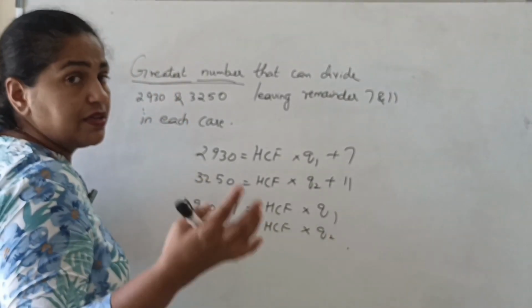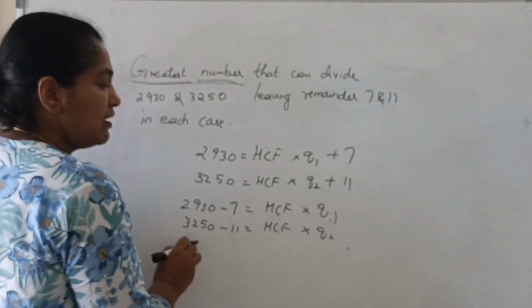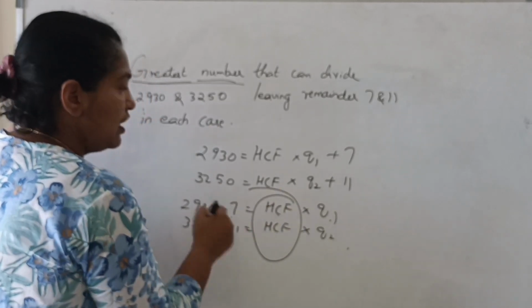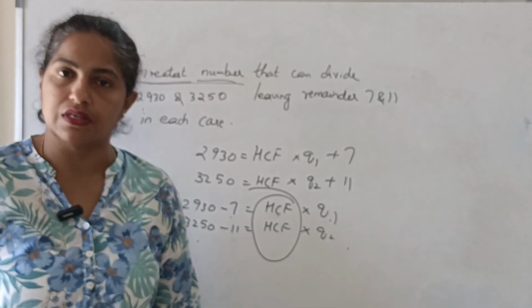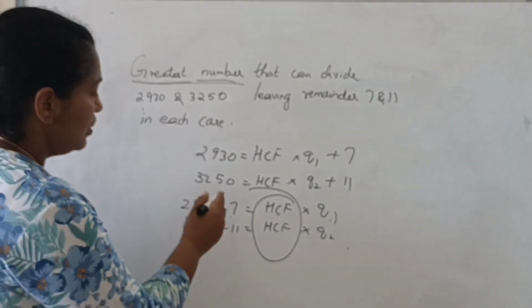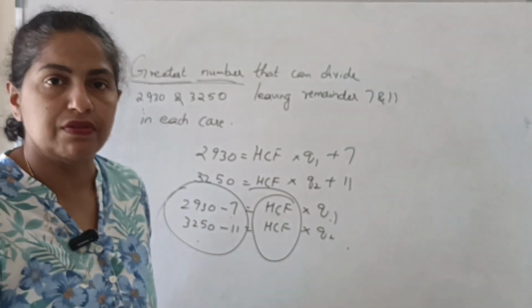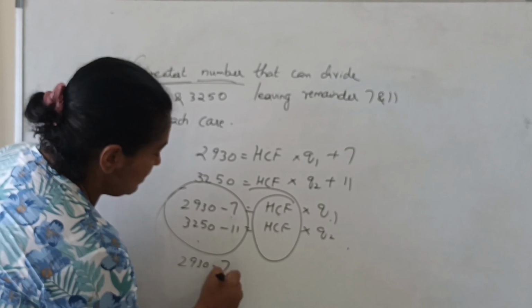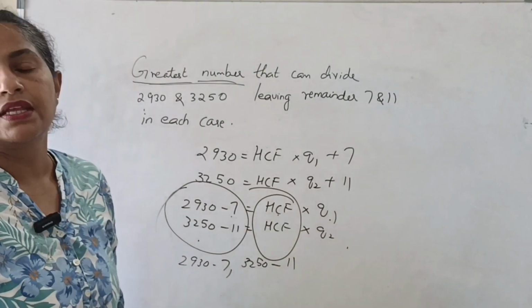So, from this statement, what can you understand? One number is HCF into Q1, the second number is HCF into Q2. So, if you find the HCF of these two numbers, we will get the value of the number that is asked in the question. Correct? So, we need to go ahead and find out the HCF of these two numbers. So, the answer would be HCF of 2930 minus 7 and 3250 minus 11.